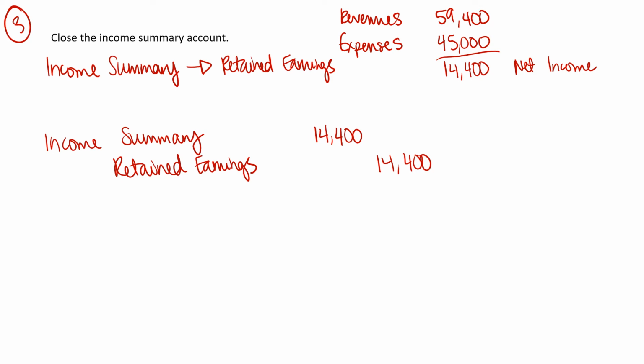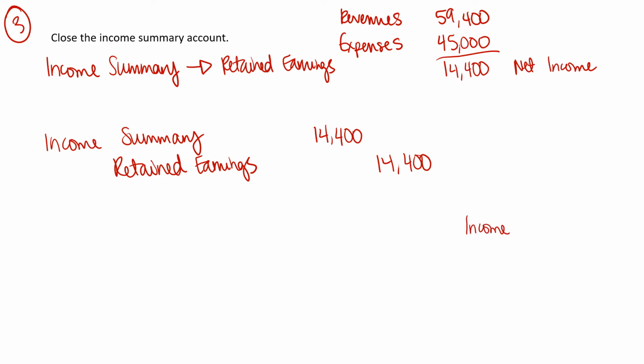So on some other resources that I've posted, if you see capital instead of retained earnings or drawing instead of dividends, that's why. They're just different equity account names, but that still overall represent the same things that are going on in terms of closing the entries.